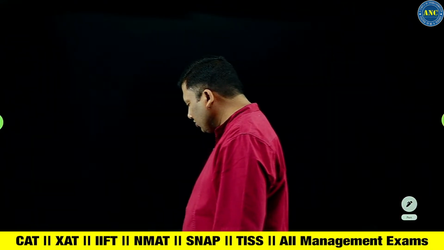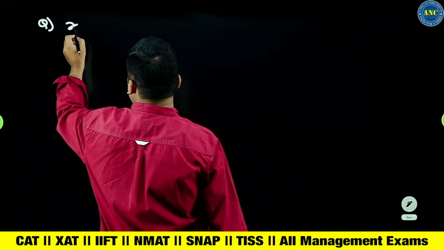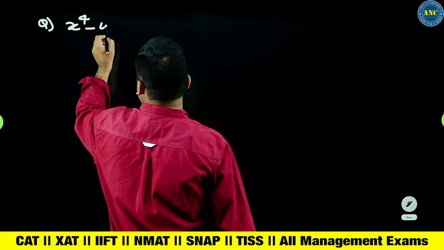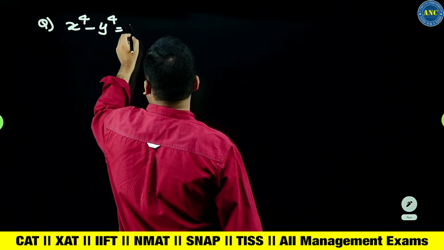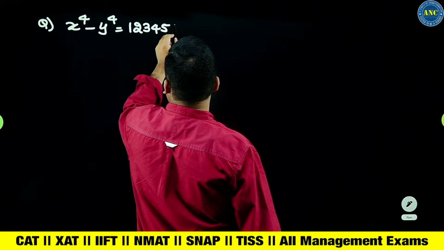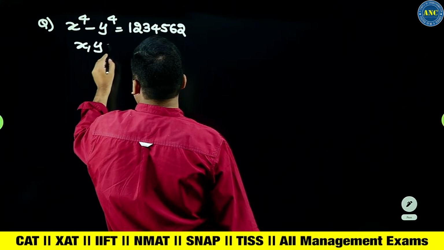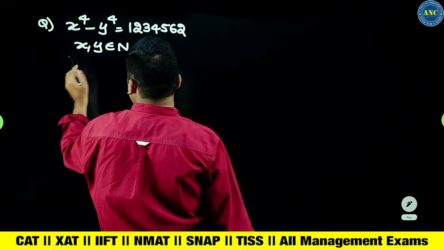Examples. Once we understand the logic, problem solving is very easy. X power 4 minus y power 4, where x and y are natural numbers.